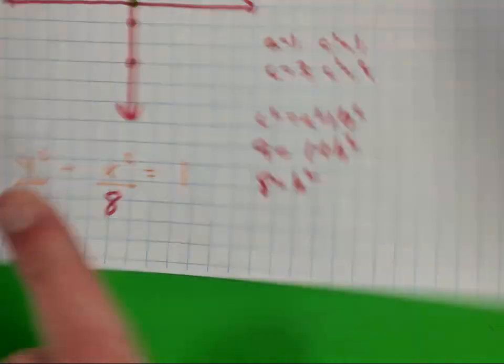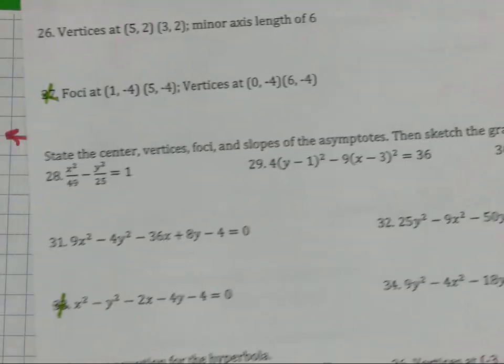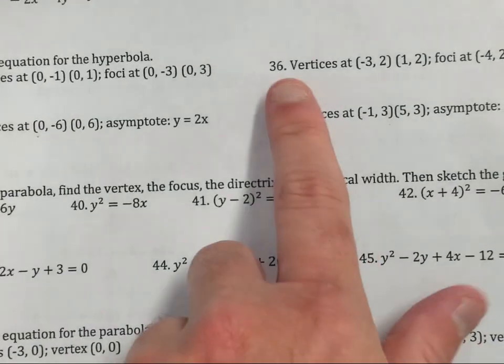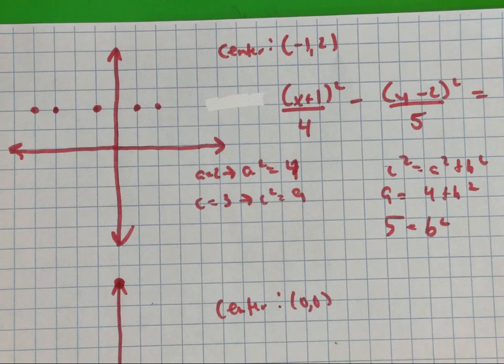All right, let's look at number 36. It gives you all this information, the vertices and the foci. So I graphed that information.